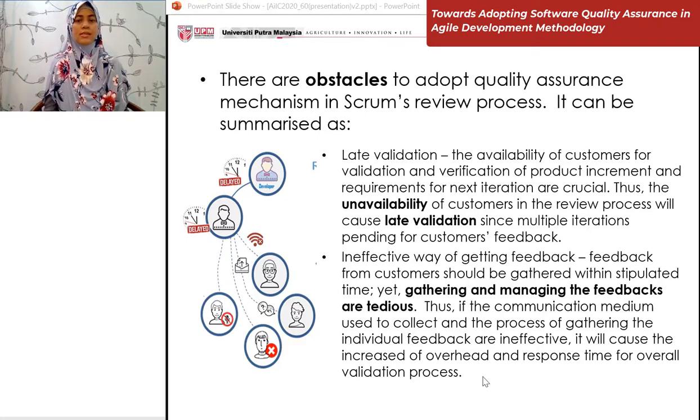Another obstacle is the ineffective way of getting feedback. Feedback from customers should be gathered within a stipulated time, but gathering and managing the feedback are tedious. Thus, if the communication medium used to collect feedback and the process of gathering individual feedback are ineffective, it will increase overhead and response time for the overall validation process.